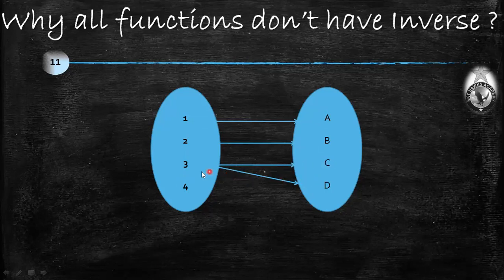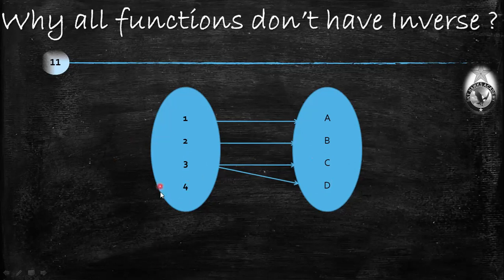It cannot be possible that two men have a relation with one woman. And one more thing is this four. This four is all alone, having no relation to anyone. So that's why it is basically not a function.